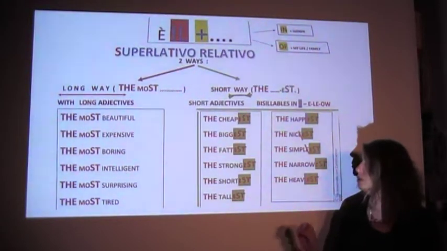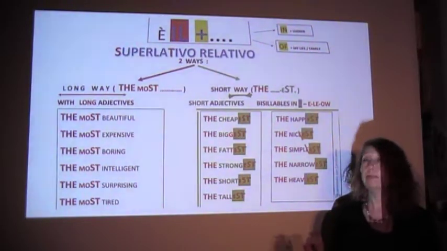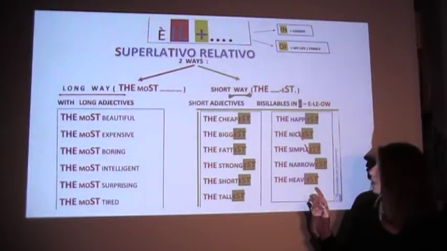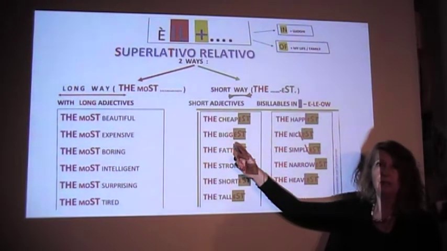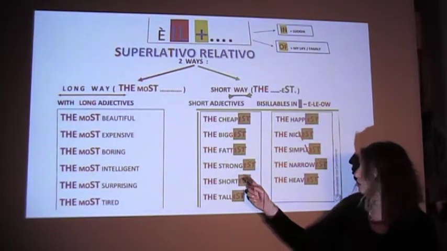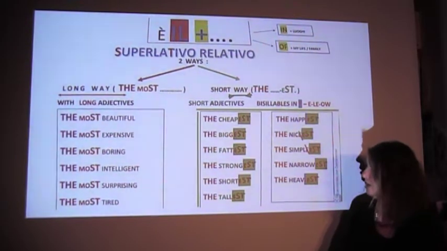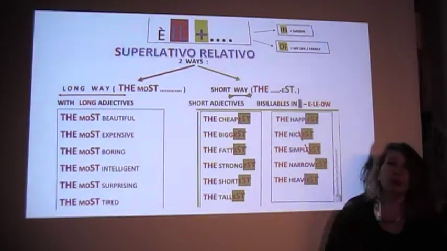And with short adjectives, we use the, always remember the, don't forget it. You have to put the, also in Italian we say il più intelligente. So don't forget the before. The cheapest, the biggest, the same rules you find here. So you double the G, you double the T, and here you have the strongest, the shortest, the tallest, and here the happiest.